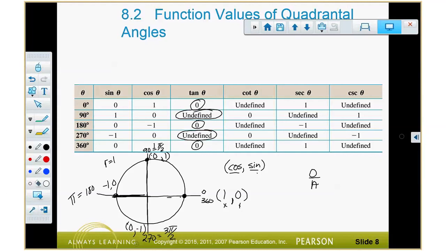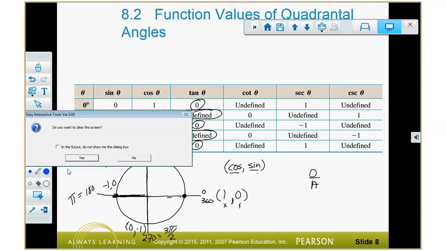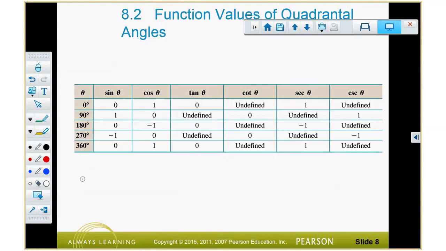Again, all you have to remember is just that unit circle. Always remember this, and you're going to see it again in your physics and your calculus. X is equal to R cosine theta. Y is equal to R sine theta.